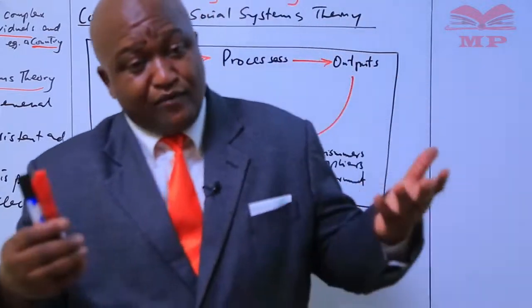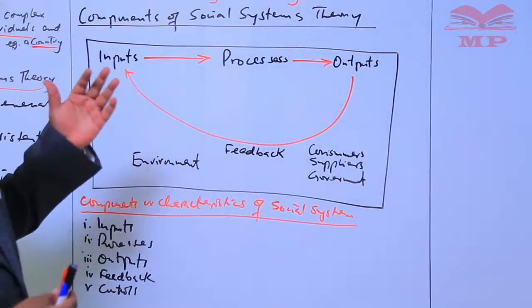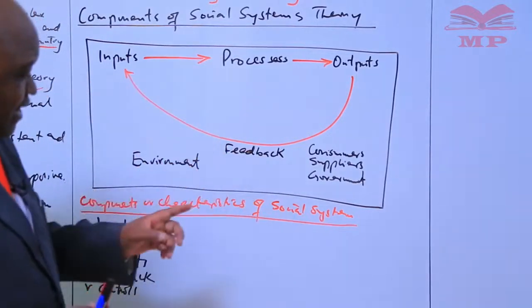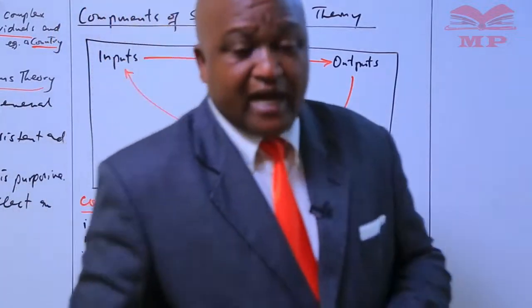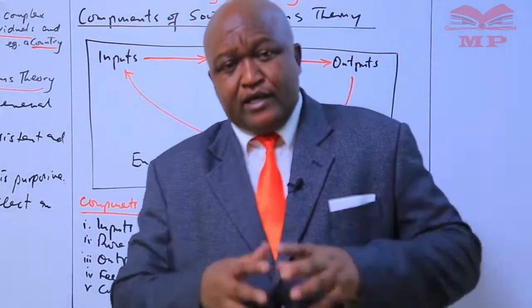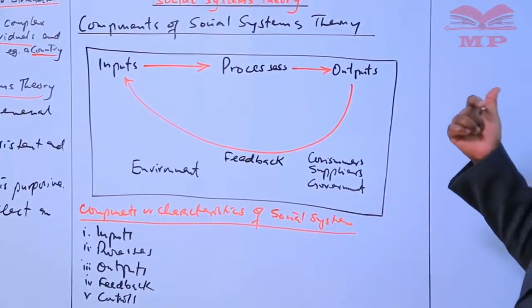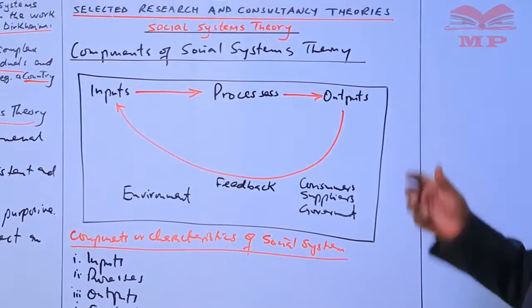Otherwise, if the products produced by a given organization don't meet the expectations of the environment, they may not be readily acceptable in the market. So those are the components or characteristics of a social system as envisaged in the social systems theory.